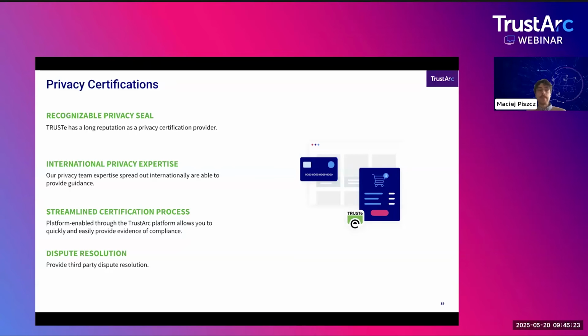Our privacy team of experts here at TrustArc will support you in your work on your privacy certification. The certifications are documented in the TrustArc platform, and most of the certifications include a dispute resolution mechanism.